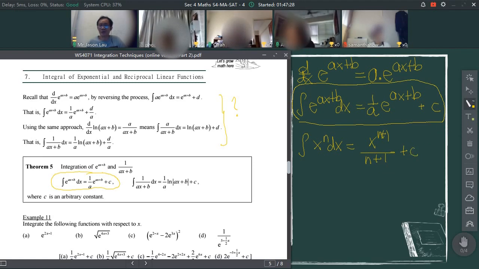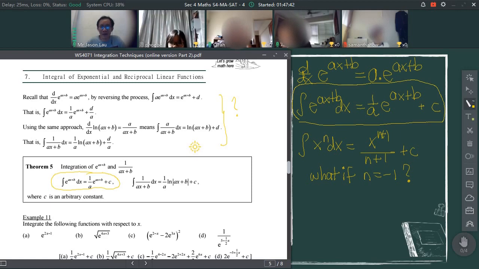Then people asked a very simple question, which made mankind go through 100 years plus to find an answer. If n is -1, this formula is out, because you cannot divide by 0. So this formula is not useful for the case of n equal to -1.